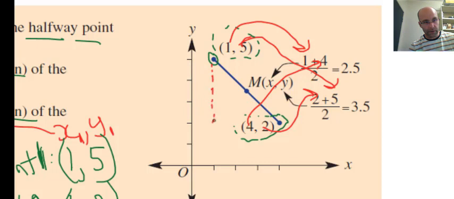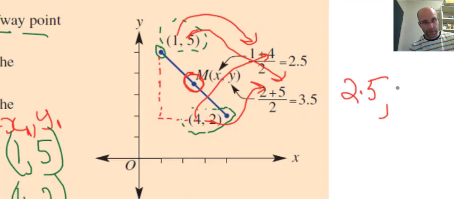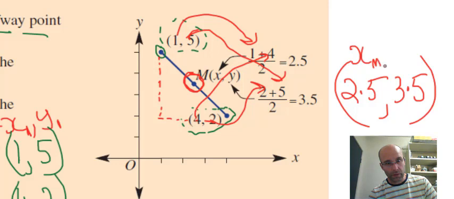It looks at what's the average point going across and the average point going up. And we get 2.5 and 3.5. So that point there, the midpoint, would have the coordinates (2.5, 3.5). And that's your answer. Your answer is a point. It's not a number, it's a point. A point needs 2 coordinates. Alright, that's your midpoint.